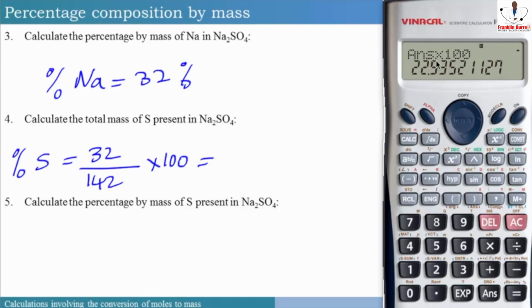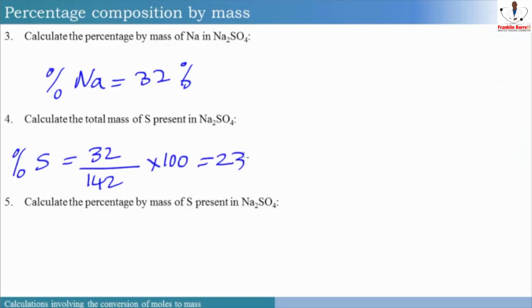But remember that because we have 5 here or greater, we can round up. So our value for the percentage of sulfur present will be equal to 23%. And for the percentage of oxygen present in the compound sodium sulfate, that would be 4 times 16, which is 64 over 142 times 100.